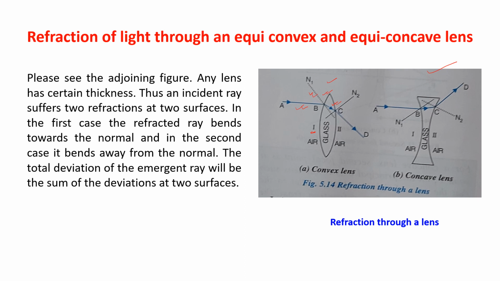Then at surface 2, again it suffers refraction. Now it is going from glass to air, denser to rarer, so it moves away from the normal. The total deviation of the emergent ray is the sum of the deviations at the two surfaces. The same thing happens in the concave lens also. Okay.